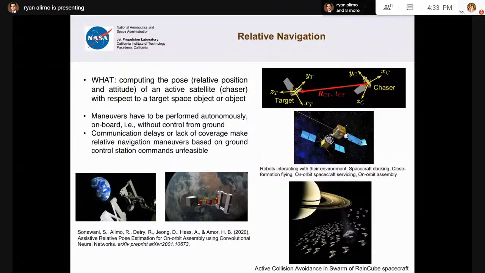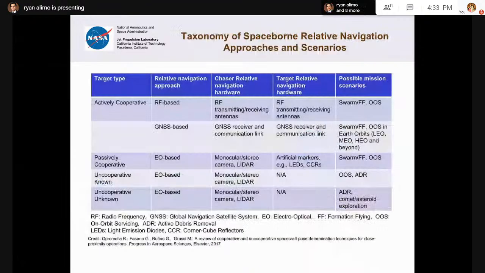When we look at relative navigation approaches and scenarios, we're going to have different types of sensors, right? We can have a stereo camera, a monocular camera, LiDAR, time of flight sensor, GNSS, radio frequency, star tracker, based on whether the object is known or unknown, uncooperative or cooperative.